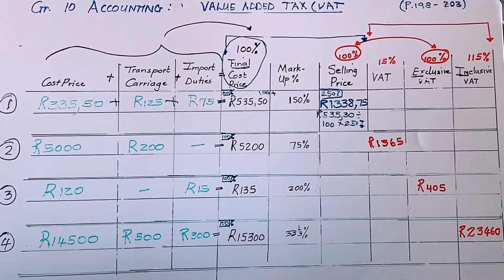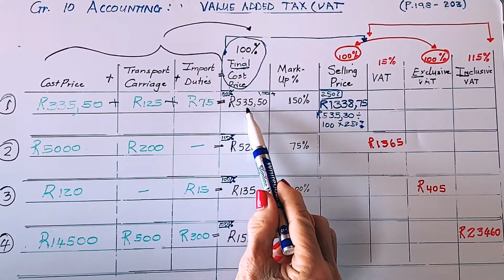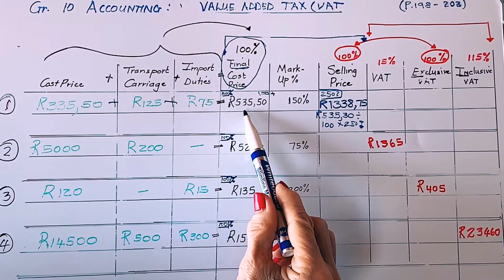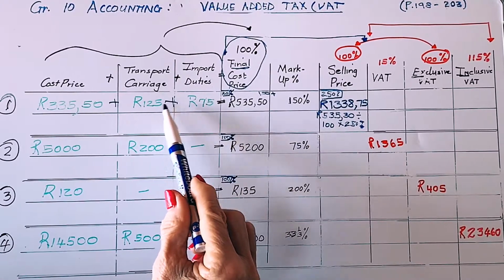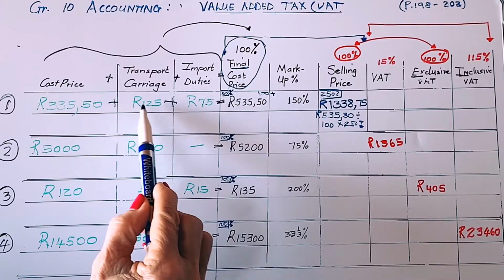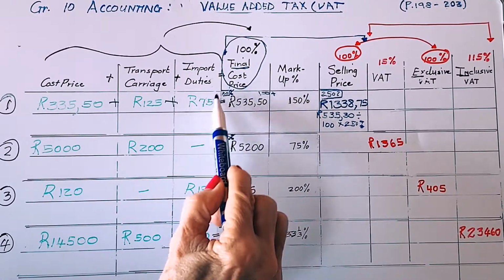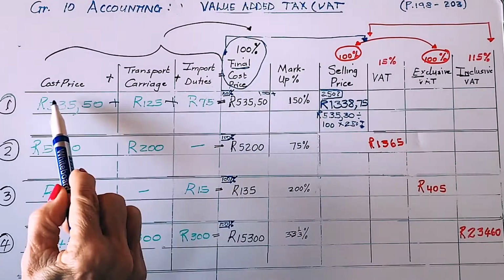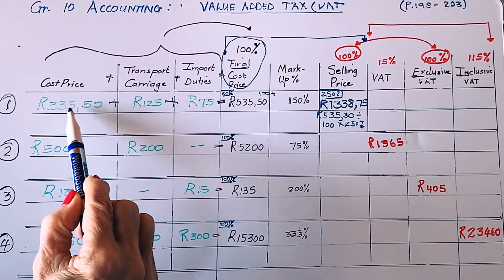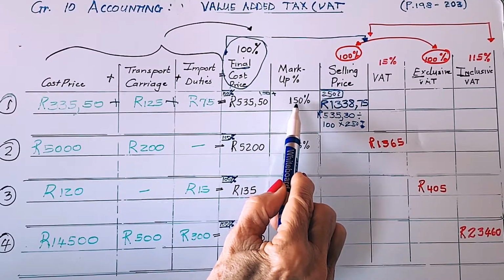So I've now started with my final cost price after I brought into account any other expenses that I might have incurred on that cost price. Then this will be my cost price. If you started with any other amount, everything is wrong. Then my markup percentage was 150.